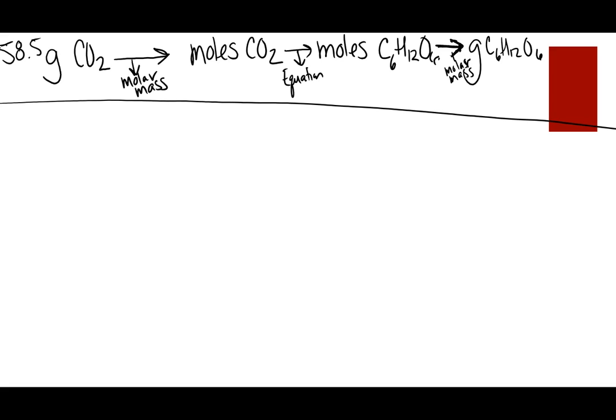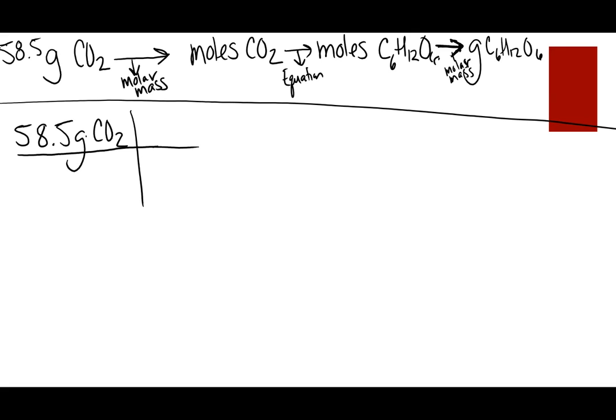Okay, so now we're going to do a series of unit conversions. What's the very first thing we write down for every unit conversion that we've ever done, ever? The information that was given, the measurement that was taken. So 58.5 grams of CO2. And the first conversion that we're doing is a grams to moles conversion.